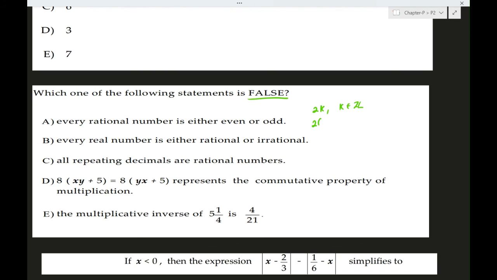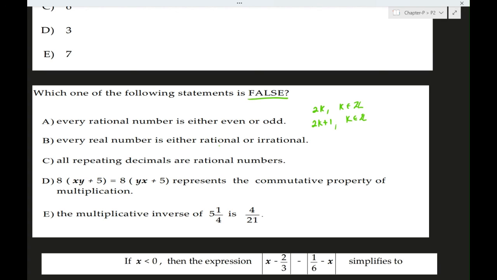And any number you can write as 2 times k plus 1, where k is also an integer, we say that number is odd. Okay, now let's do it by elimination. So every rational number is either even or odd. Okay, we'll come back to that.